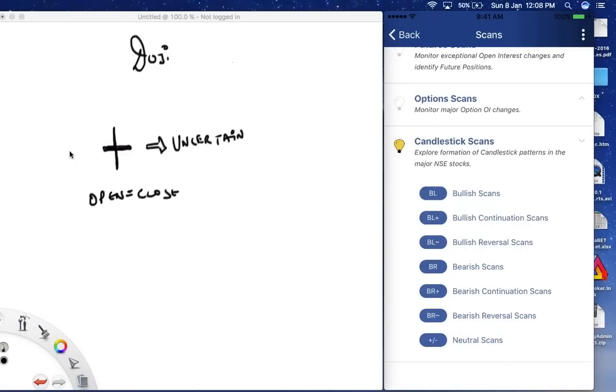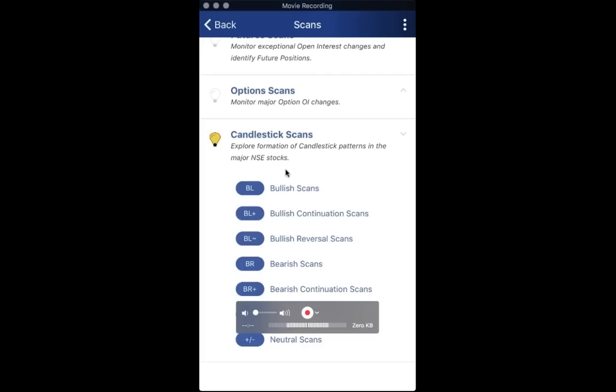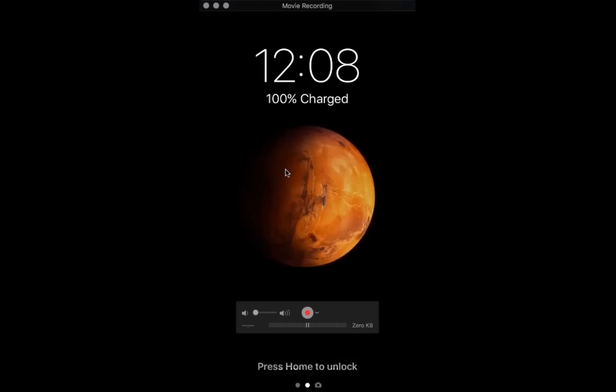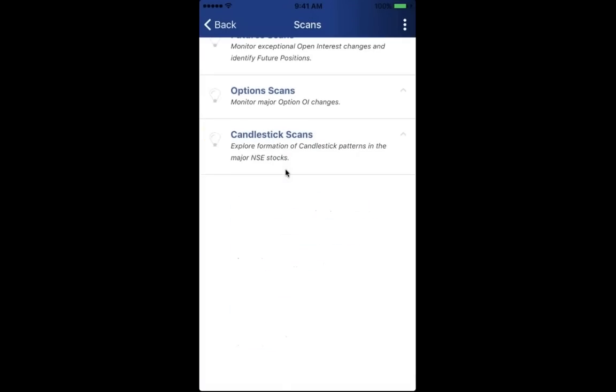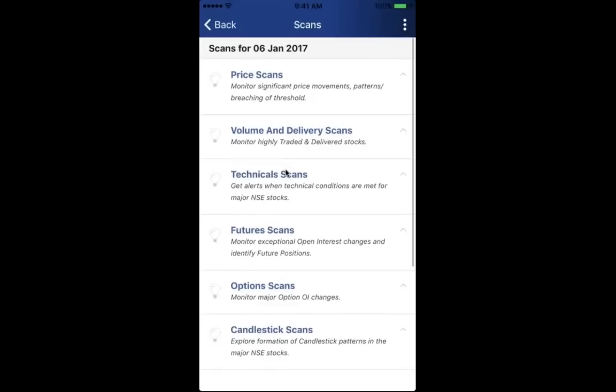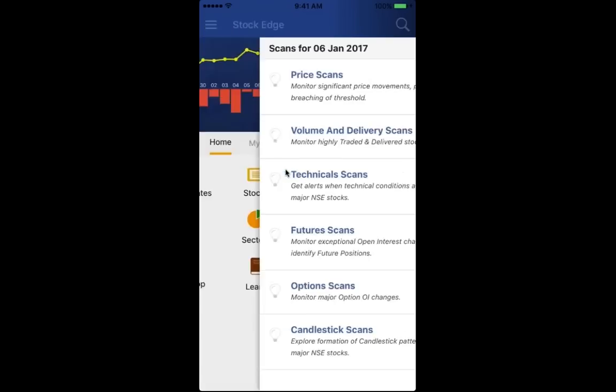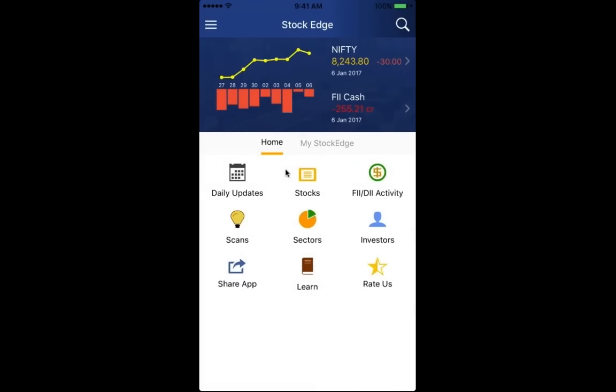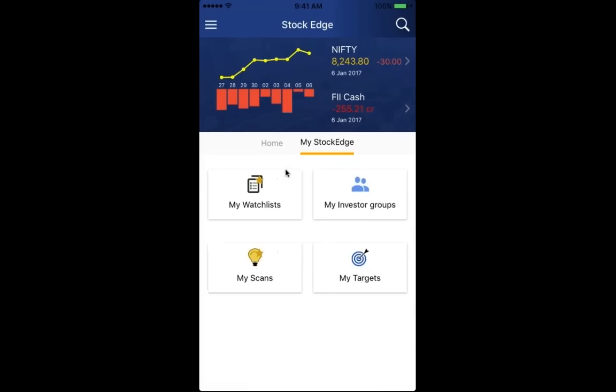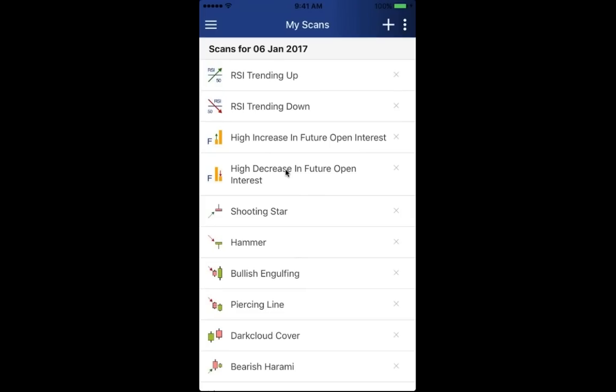Let's say I quickly go to Home, Scans, let's say Volume. I add a few of them as favorites. I go to Price Scans, and I favorite these two as well. So I have a long list of my favorite scans. Likewise, you will have your list as well.